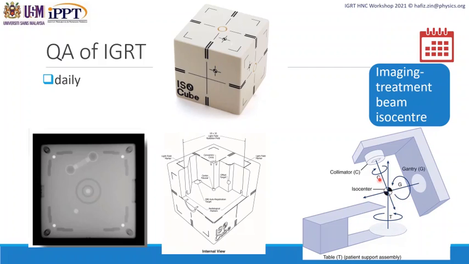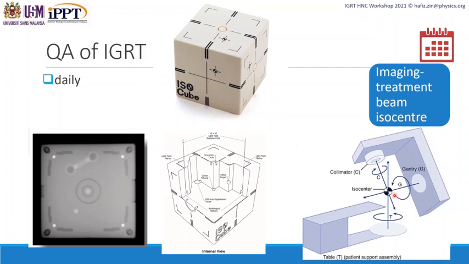So we need to check that the treatment beam isocenter, which is this rotation point, is the same point as the imaging isocenter, meaning that when you perform the imaging, the center of the images is the same as the isocenter of the treatment.